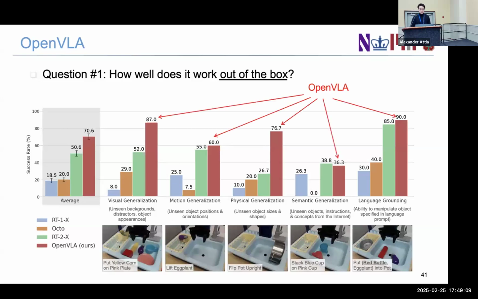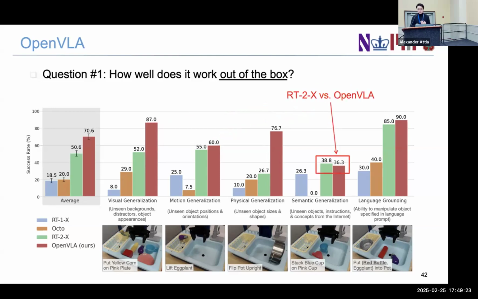So here's the performance. One thing you want to realize from this figure is that OpenVLA in general achieves the highest performance across all different kinds of tasks, with one caveat, which is semantic generalization. For semantic generalization, you realize that RT-2-X actually performs slightly better than OpenVLA.